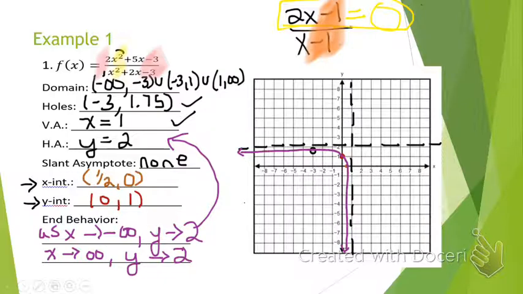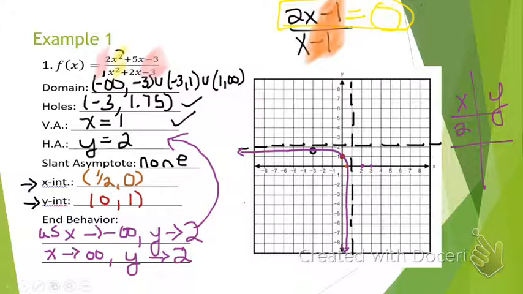We need to figure out where the curve is on the other side of the vertical asymptote. So I'm going to take 2 and 3, and I'm going to create a table and see what I get. If I use the ordered pair 2, I need to find what my y is. So I'm going to take that 2 and plug it into my original equation.